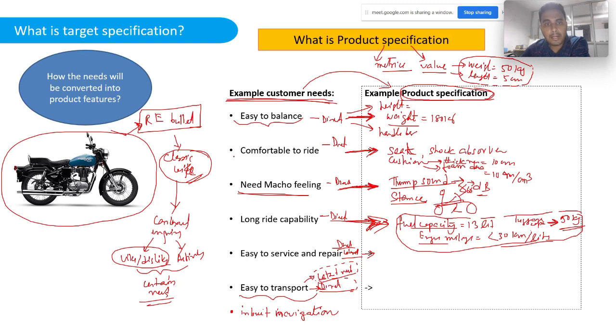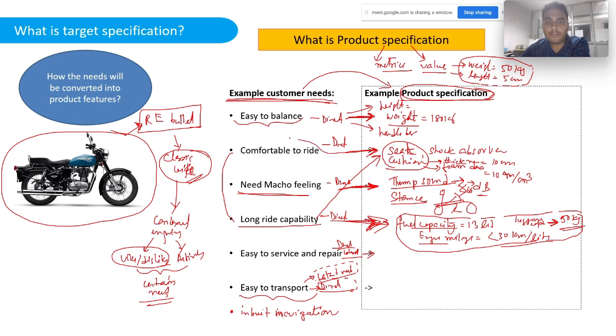Similarly, multiple needs can be related to a single product specification. For example, good seat cushioning is required for long ride capability as well.